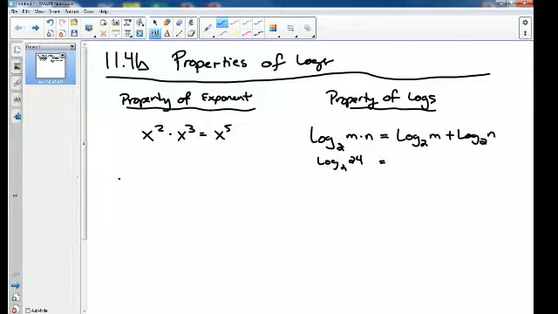So we could do log base 2 of 8 plus log base 2 of 3. What's log base 2 of 8? What exponent of 2 makes 8? 3. And then this would just be a calculator problem, but there's one way to use it.